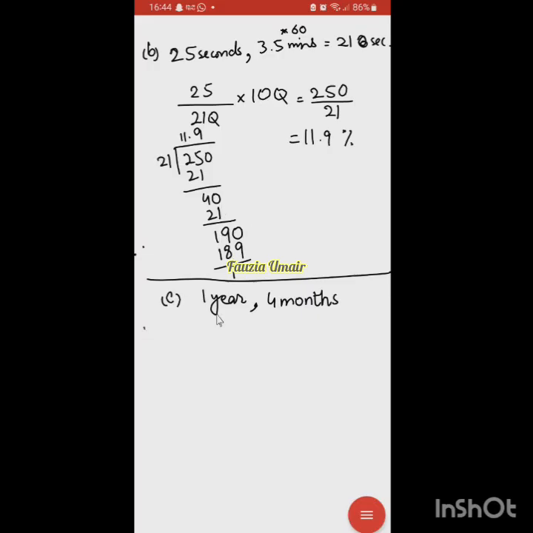So this is also like this: 1 year to 4 months, first quantity, and this is the second quantity. So we will convert it into the smaller unit. So this is 12 months, right? So the ratio would be 12 by 4, and we will multiply it with 100. So she is doing multiplication before division.